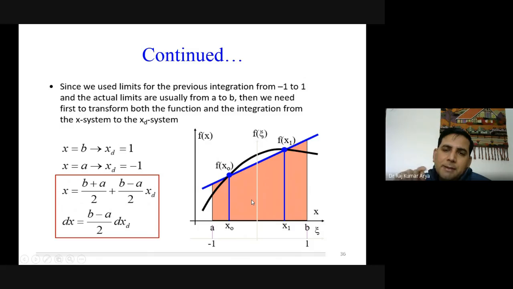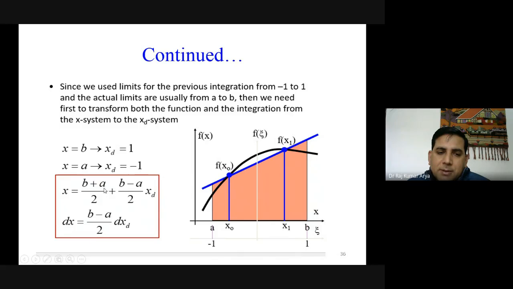Now you have taken another function, f(zeta). Now zeta is changing from -1 to 1. So at zeta equal to -1, your function is just a, f(zeta) is a only. And at zeta equal to 1, you have something. So you need to generate this one.